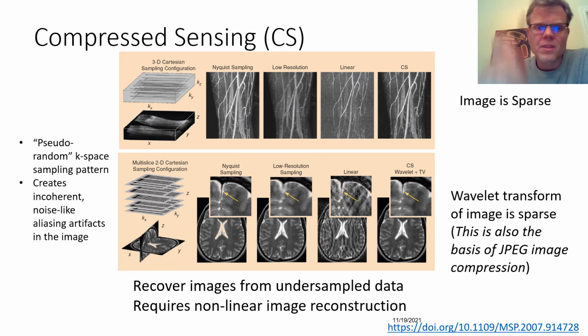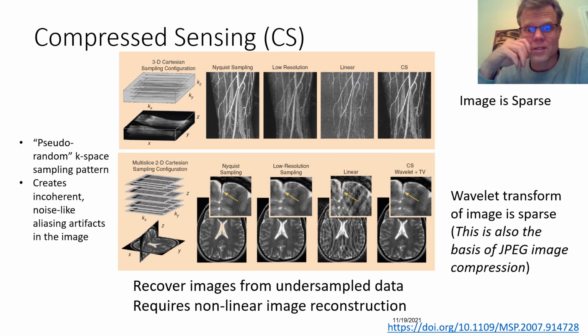And then we have a reference Nyquist sampling reconstruction here. If we just do low resolution, obviously the images look blurry, don't look great. If we try to just take our pseudo-random undersampled measurements and do a linear reconstruction on them, we're starting to see structure, but we can tell it's really not quite right. We're missing the boundary. We see a lot of residual incoherent aliasing artifacts.